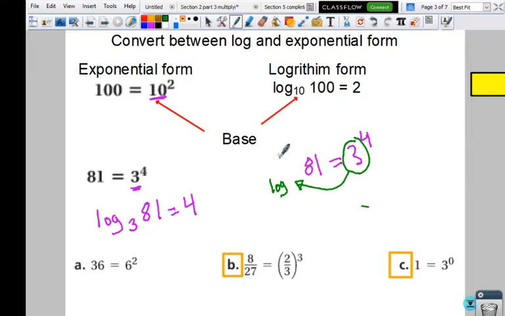So that's kind of how I like to visualize these. You don't have to. I like to visualize taking your base, putting it on a log, and you put it on the opposite side. I don't know. I'm visual that way. It's like a little sword.